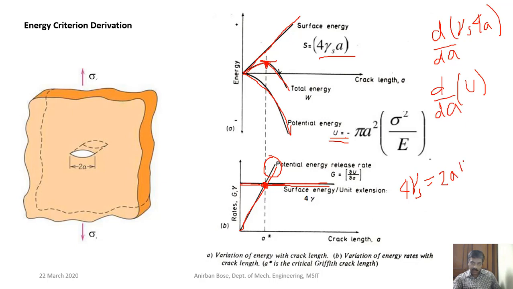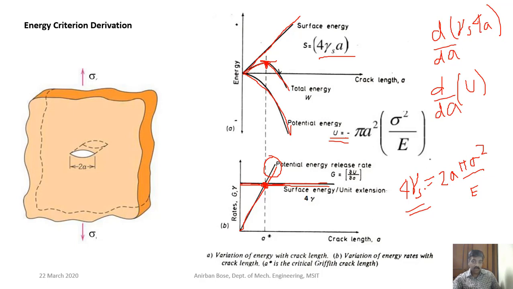2A pi sigma square by E, if you differentiate this one. So this is the point where these two will meet. That means this is the rate at which the surface energy is required, and this is the rate at which the strain energy is released.